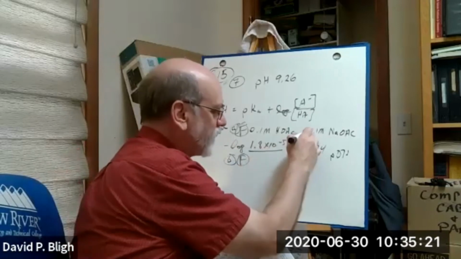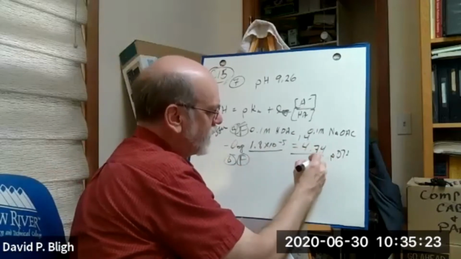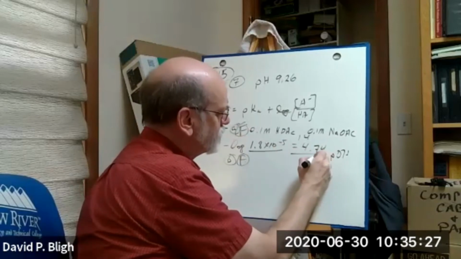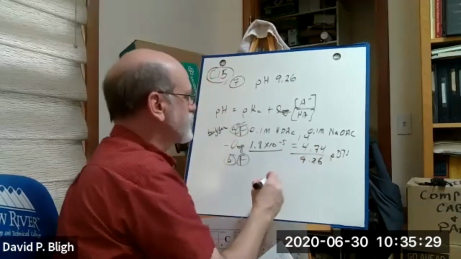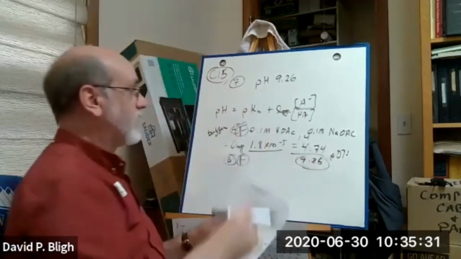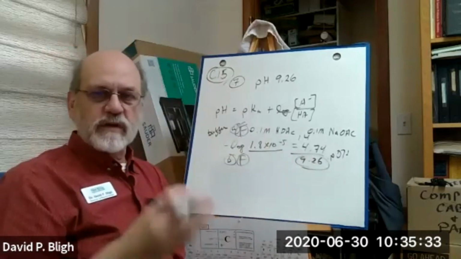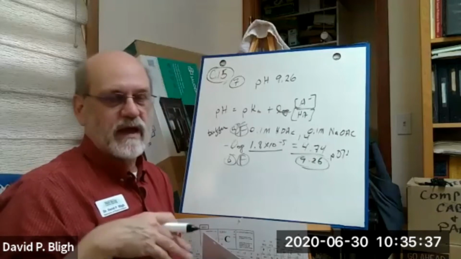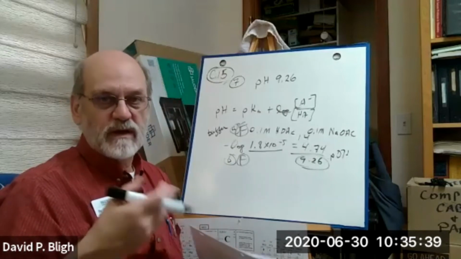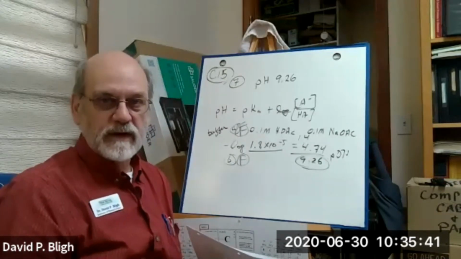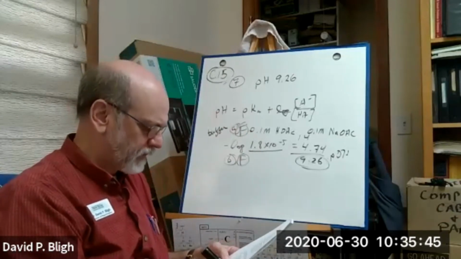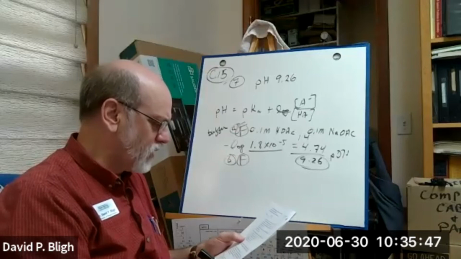So if we subtract that from 14, then we get, let's see, 9.26. It's right on target. So if we use ammonia as the base and ammonium as the acid, then we just need to look for the right concentrations. And let's see which one would work.